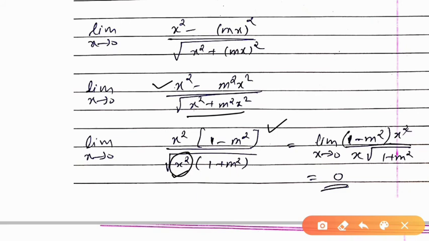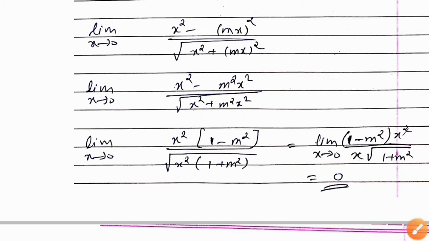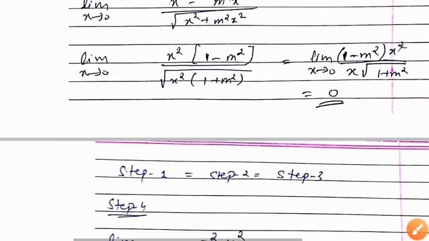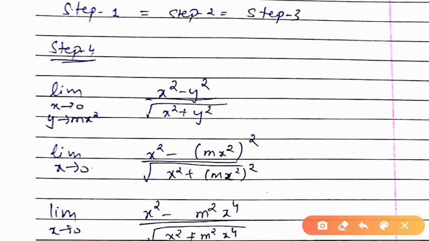Now this x square will come out of the root, you get here x. Here x will get cancelled, so you are left with 1 minus m square into x upon under root of 1 plus m square. Now here I will put x equal to 0, so you get your limit as 0. Now you can see that step 1 equal to step 2 equal to step 3. All the 3 steps, all the limits are equal, so you have to move towards step 4.